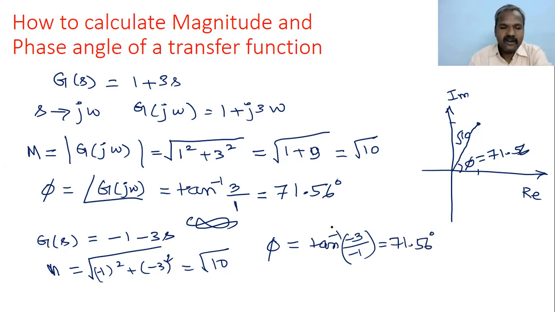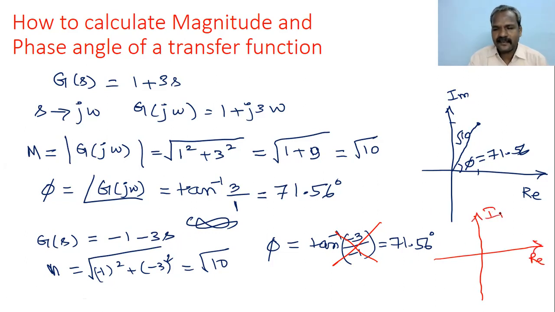But this is not correct. Understand? While doing the polar plot, this is not correct. So how to exactly locate the phase angle for such a pole with negative values? Where does it exactly lie? Minus 1 is on the real axis, and this is the imaginary axis.